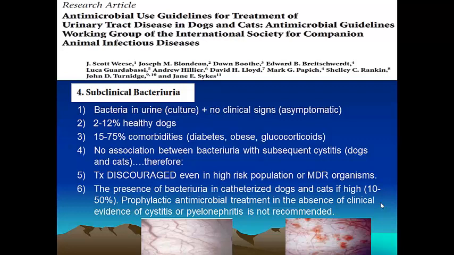And because there is no clear association between subclinical bacteria and future risk of developing cystitis, at least in humans, there is a systematic review which concluded that you may eliminate the bacteria by treating with antimicrobials in the short term, but that effect is not going to be sustained because there will be a recolonization when you suspend the treatment.